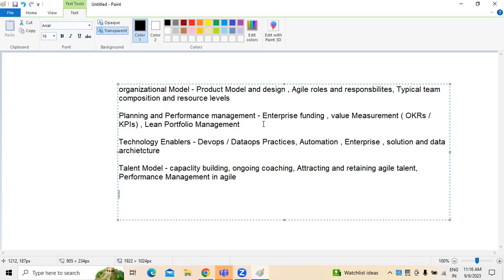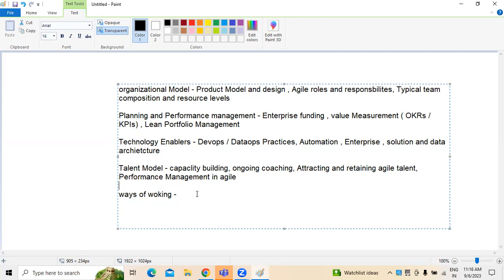Now, the next one is called ways of working. So ways of working is also one of the prominent dimensions.